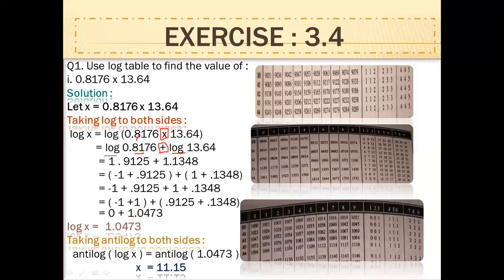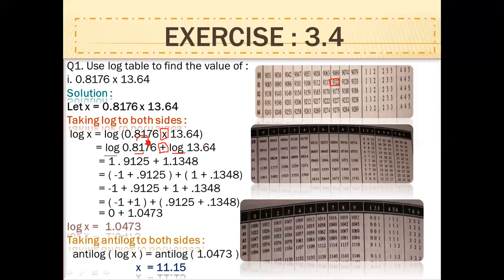We always take the first two digits because in the log table, the first column starts with 10, 11, 12, 13, 14. Two-digit numbers are there, so that's why we choose 81 and we check 81 in the column of 7: 0, 1, 2, 3, 4, 5, 6 and 7. The number is 9122.